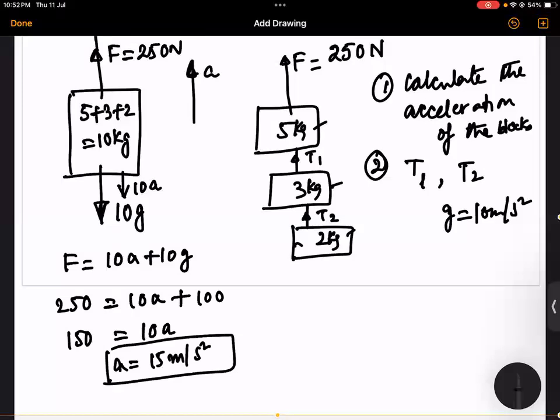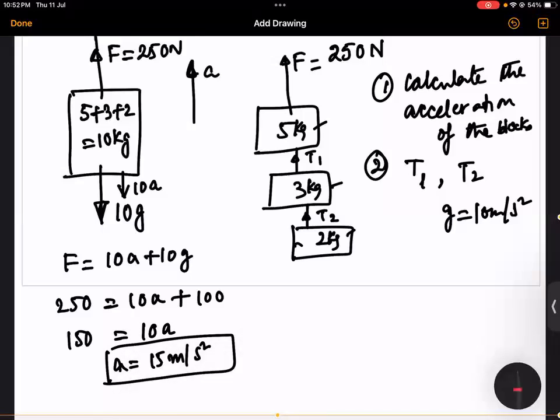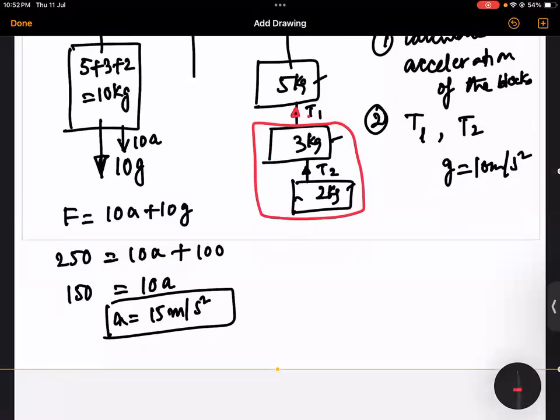Now you apply the same concept because they have asked you to find out T1 and T2. Now for T1, you can see very well that this particular T1 is actually lifting both the masses. So what I will do now, children?